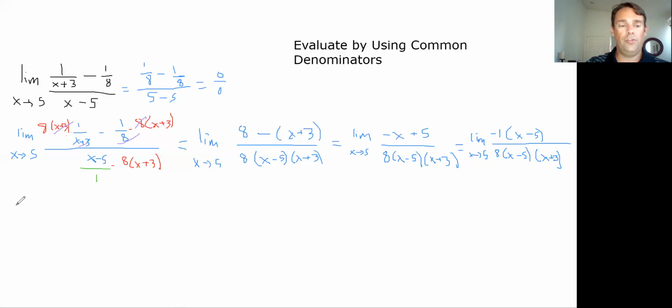So when we cancel this, we have -1 all over 8 times x plus 3.